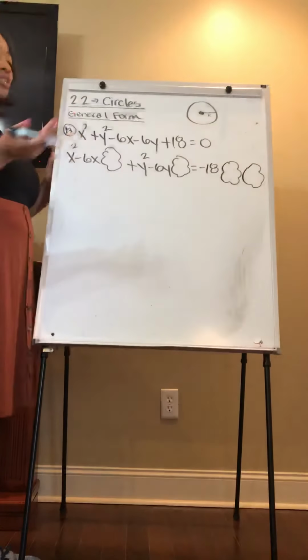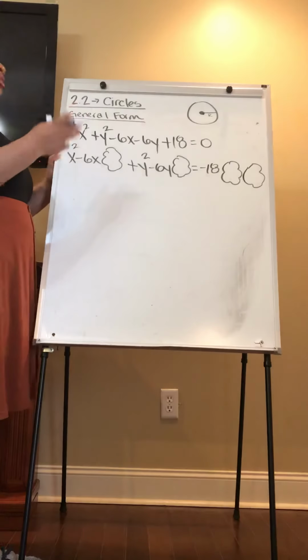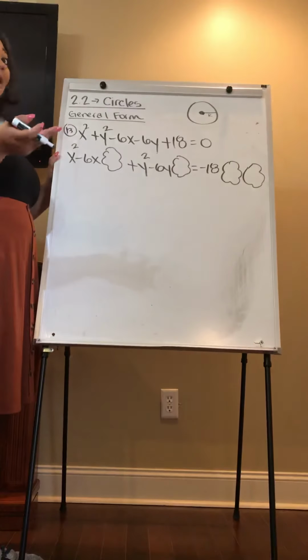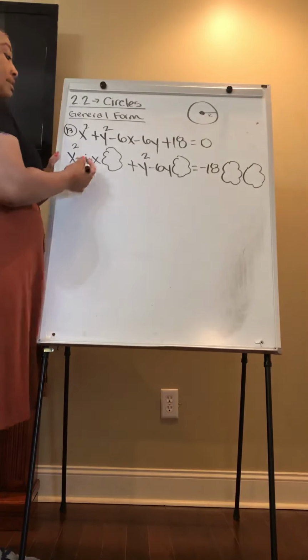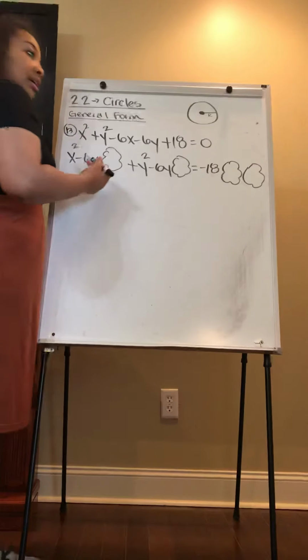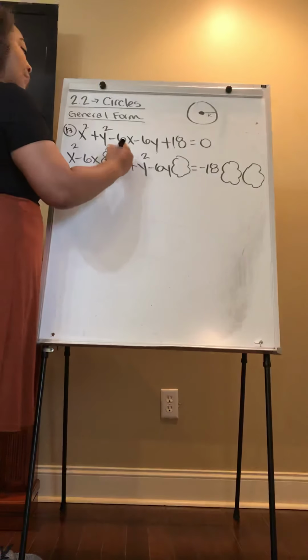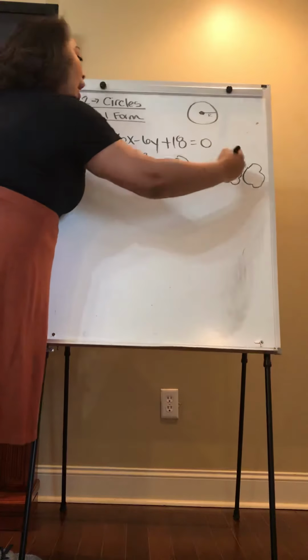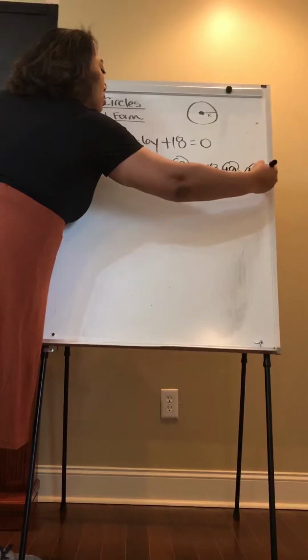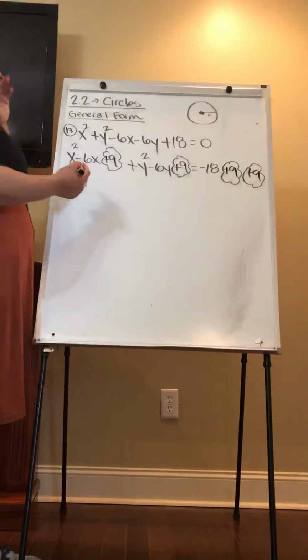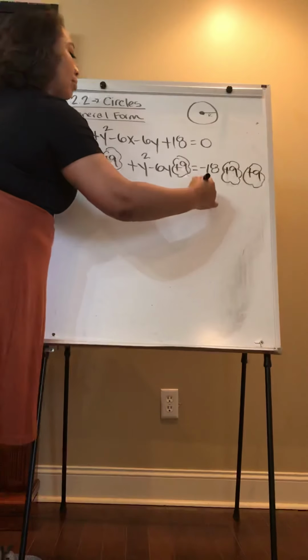Our middle numbers are the same. So when you take half and square, you're going to have the same number in all your bubbles. 6, half of it is 3. 3 squared is 9. So you're going to put plus 9 in all bubbles.